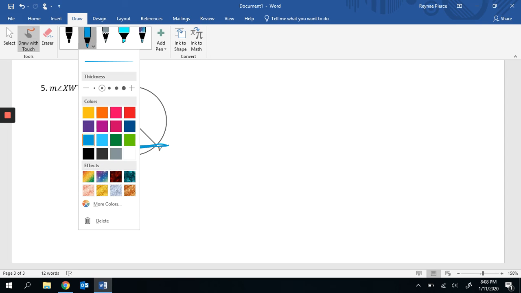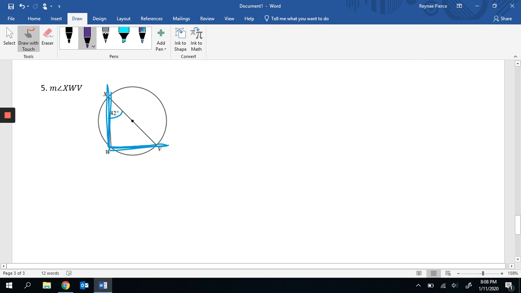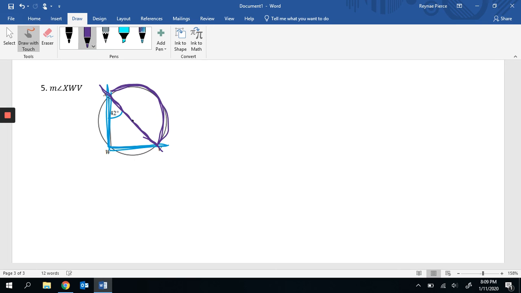What I see is that XV here is a chord. Its endpoints are on the circle and it passes through the center. So XV is a diameter, which makes this arc here a semicircle.